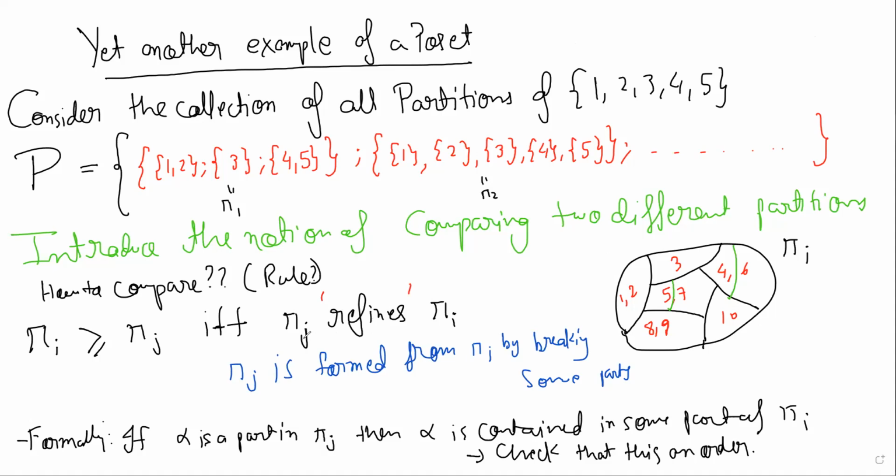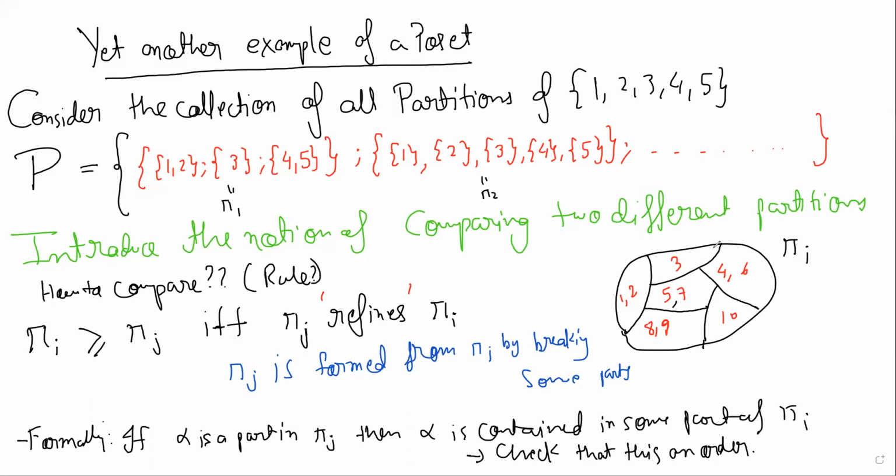Yes, so basically I'm saying that pi_j, so you see here, I'm removing these green lines. And so you have the partition pi_i. Now I will further create more boundaries. So adding more states in the country, like separating Bihar into Chhattisgarh and Jharkhand, something like that. So you're just adding more states, adding more lines.